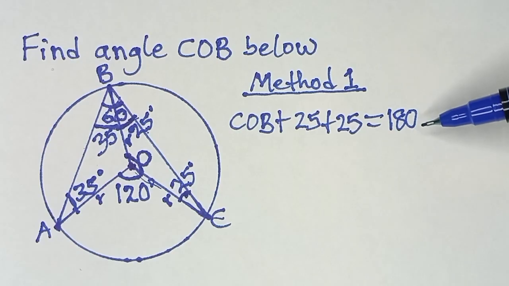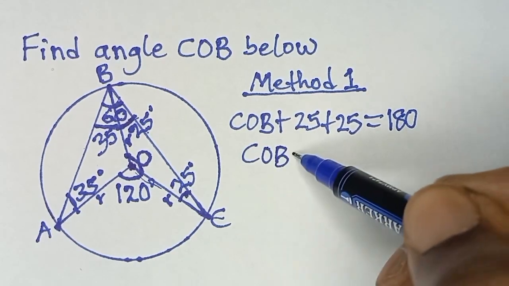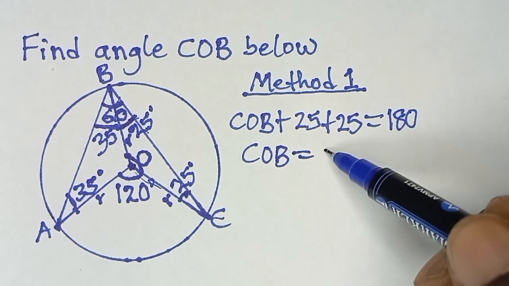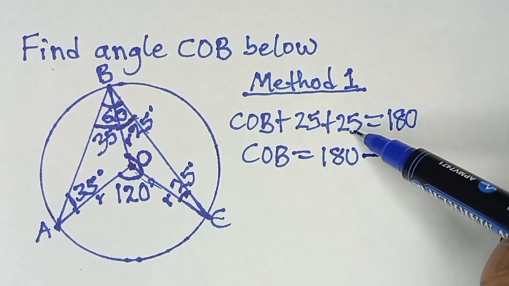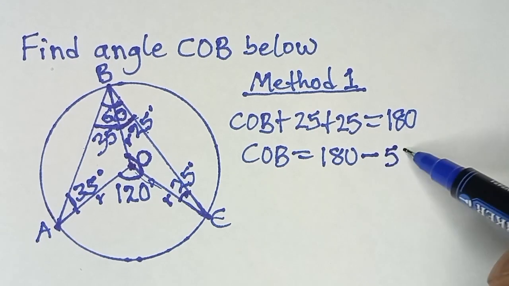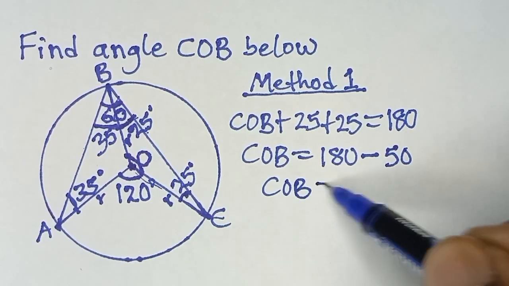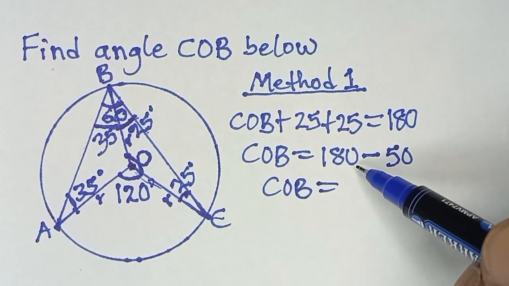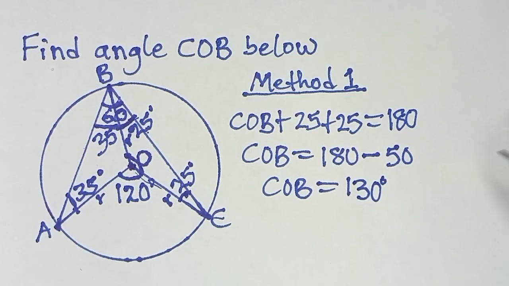So from there, COB will be equal to 180 minus 25 plus 25, which is 50. When the 50 crosses to this side, it becomes minus 50. So COB is equal to 180 minus 50, which gives us 130. So angle COB is 130 degrees.